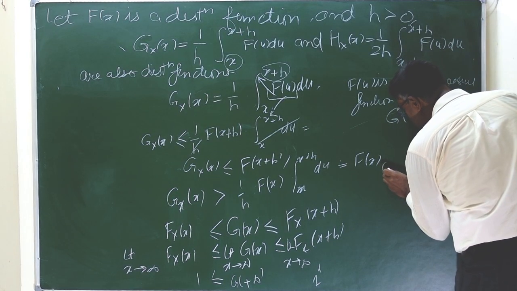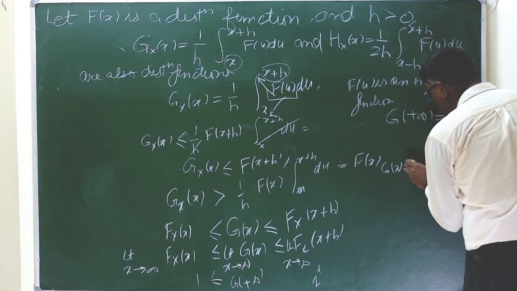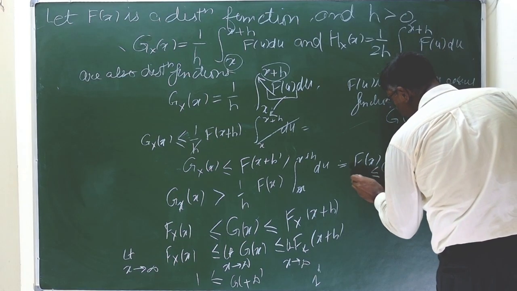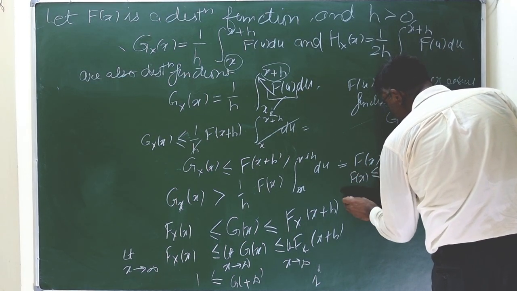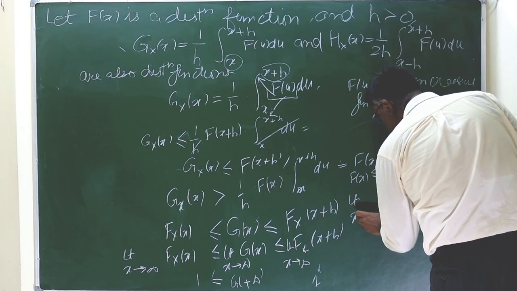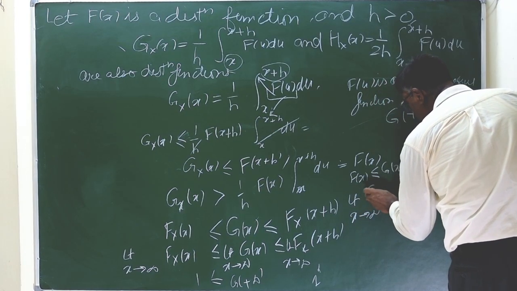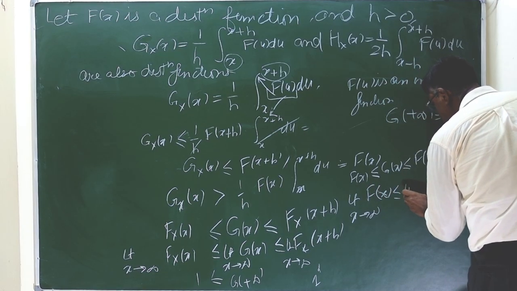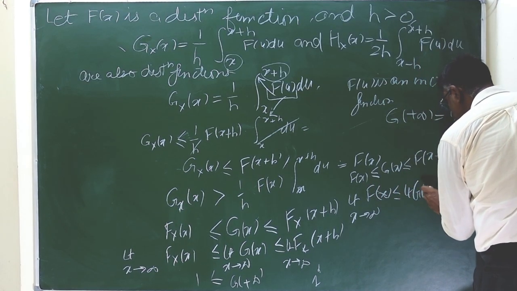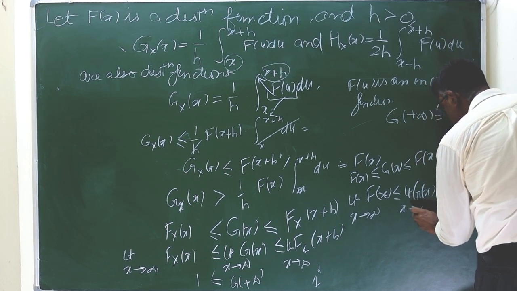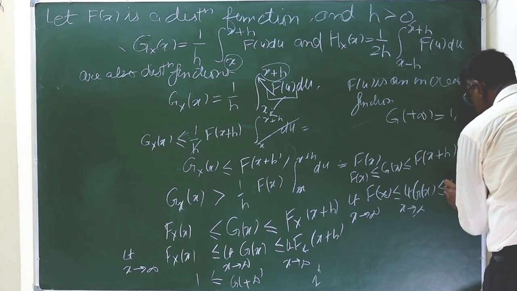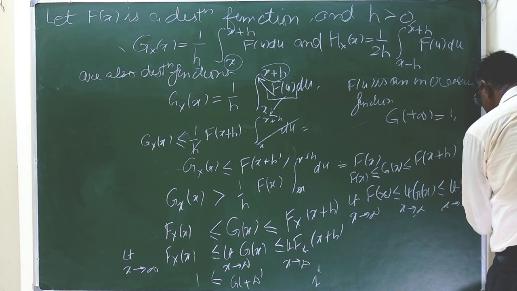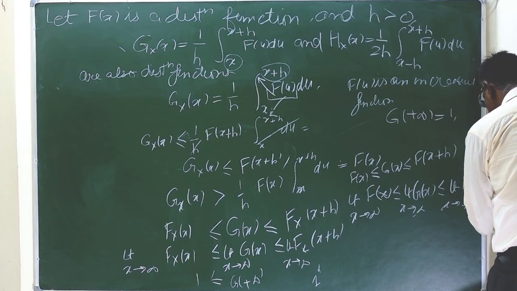So this is the way we took the limits. Now since g(x) is lying between f of x plus h and f of x, we are taking the limit x tends to minus infinity of f of x, limit of g of x, and limit of f of x plus h.